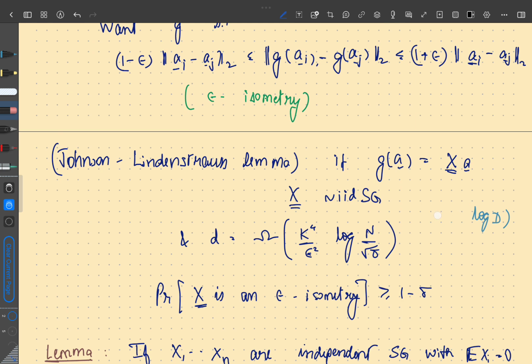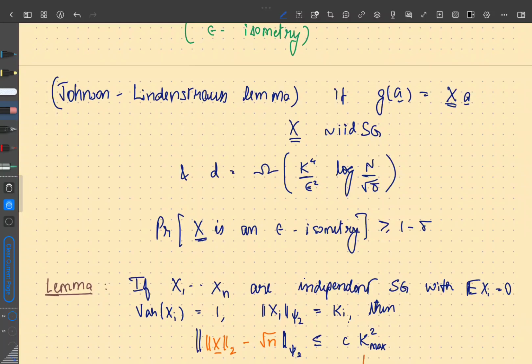All right. So this dimensionality reduction is a very broad and active field, and many such results are known where you want to bring down the dimensionality from something that is very large to something that is as small as possible.